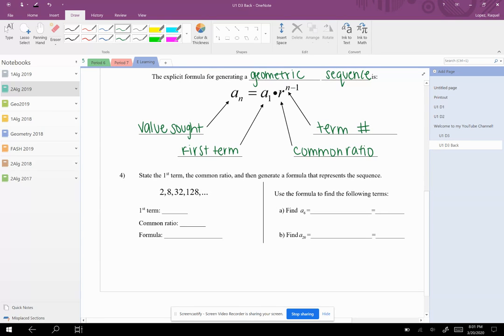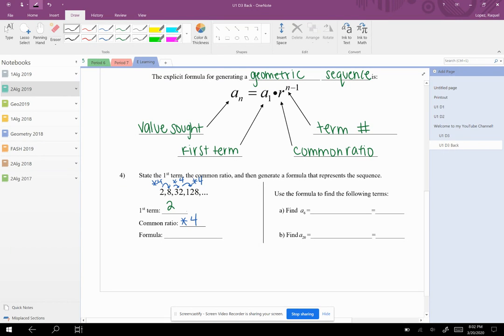Okay, so if we take a look at example 4, it's asking us for the first term in this new sequence, which is 2. Upon further inspection of the sequence, I'm noticing that I'm multiplying by 4 each time. Whoops, not 2. So our common ratio is multiplying by 4, and then we're just going to plug in those values.